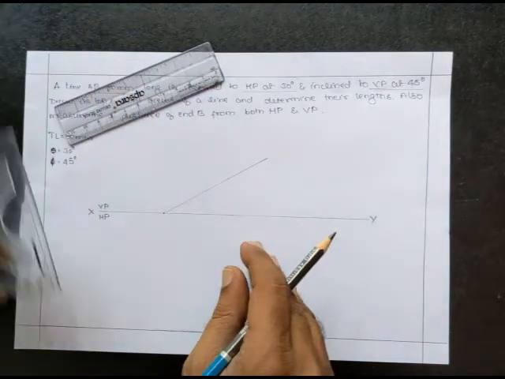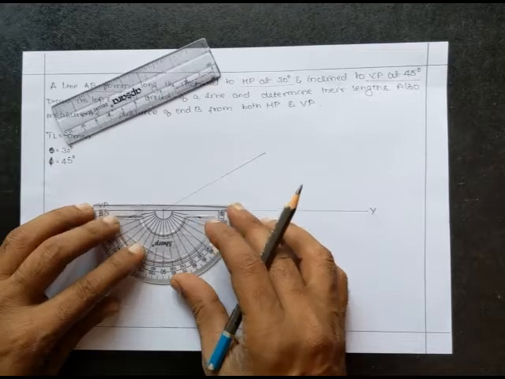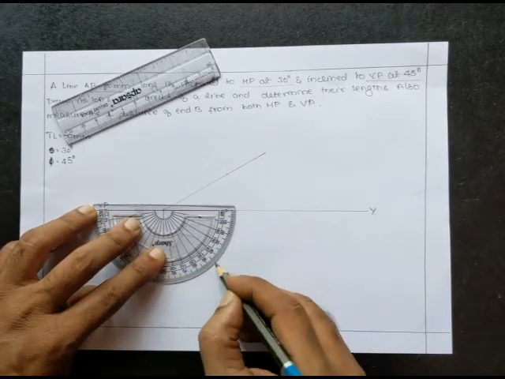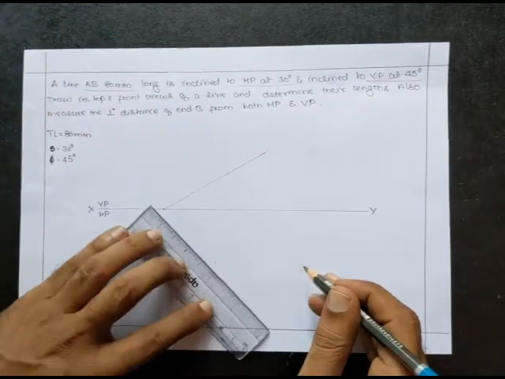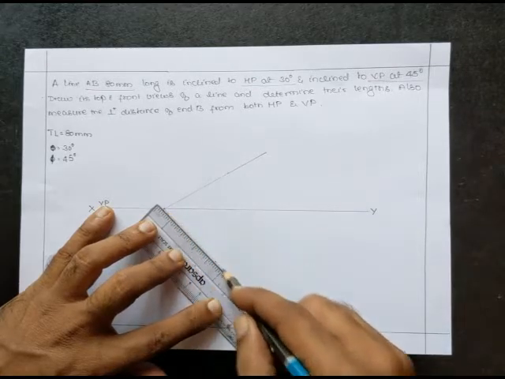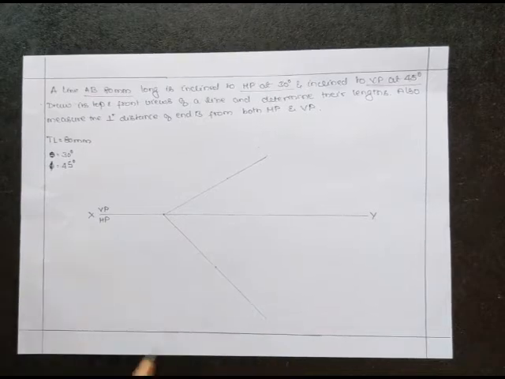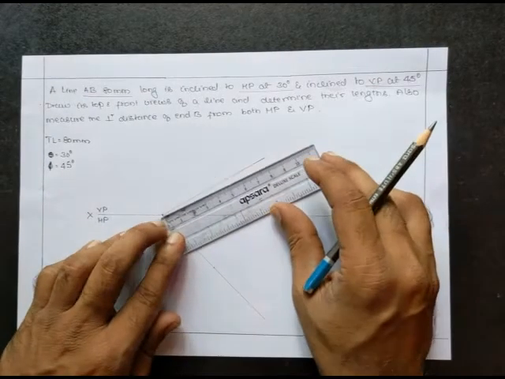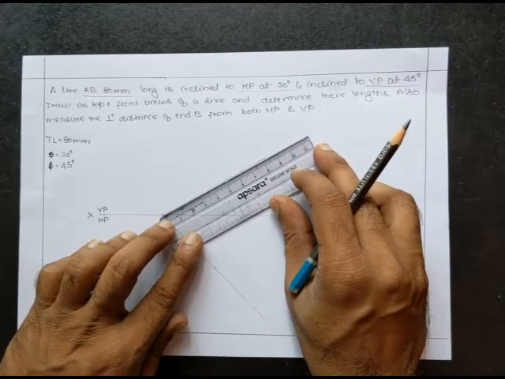Next, he has given 45 degree. So let us get into this 45 degree here. Let me draw the line. Let us not worry about the length of the line now. Now I am going to mark the dimension 80 millimeter both in front and top view, because that is the true length he has given in the problem.